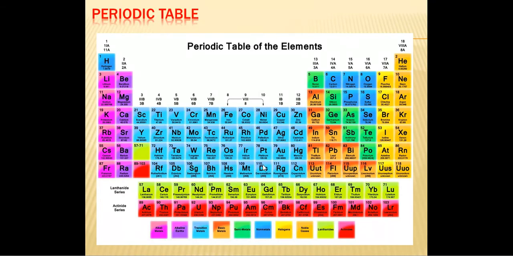So this is the modern periodic table, and the lanthanides and the actinides were not given a place in the main body of the periodic table. They are shown at the bottom of the periodic table, because there are many lanthanides and actinides. They were not given a place in the main body; they have been given a place at the bottom of the periodic table.